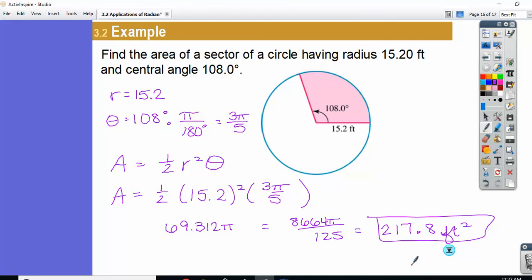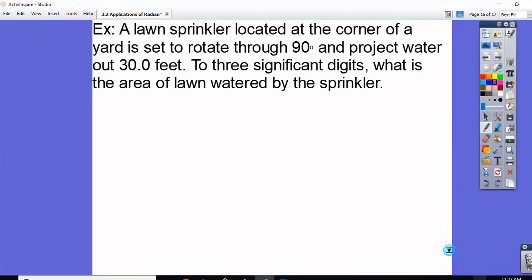I would like for you guys to try the next example on your own. So read that and see if you can find the answer. So we have a lawn sprinkler in the corner of the yard. It rotates through 90 degrees. So what's that telling you? Your angle, your theta is 90 degrees. Okay, we don't even really need to calculate that.